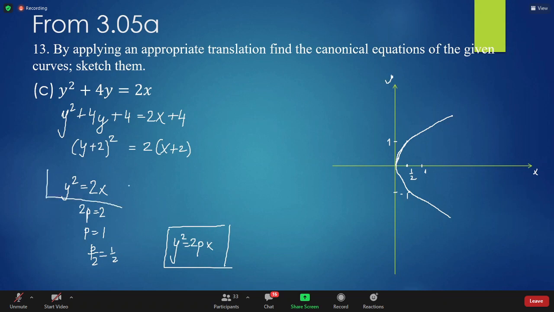However, what is the difference from the parabola that we have actually obtained there? The difference is that we have plus 2 added to y and to x. So let us remember that we can have a parabola y minus y0 squared equals 2 times x minus x0. This simply meant that the parabola is moved by the vector x0, y0, as always.